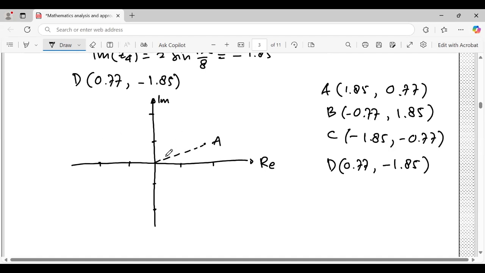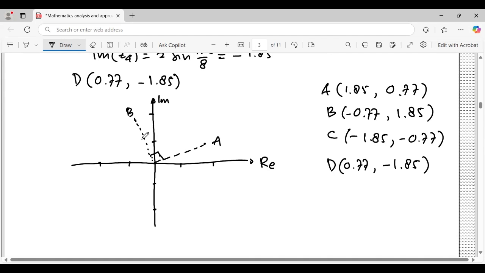After that, B, so minus 0.77 over here, 1.85 over here, and the angular separation becomes 90 degrees or pi half.